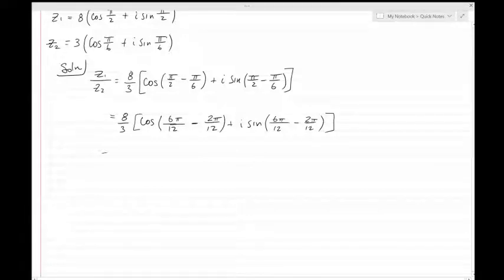Okay, so 8 over 3 times cosine of 4 pi over 12 plus I sine of 4 pi over 12.